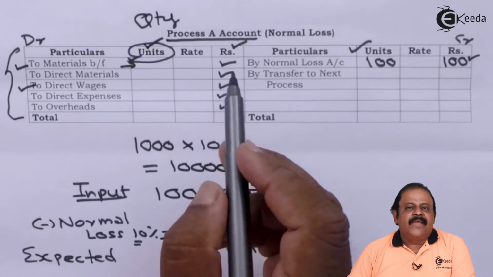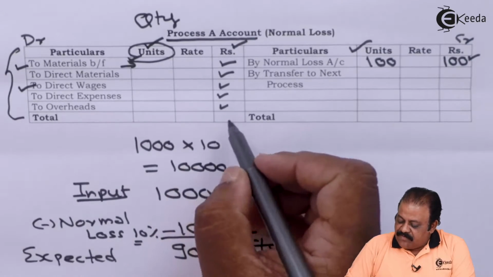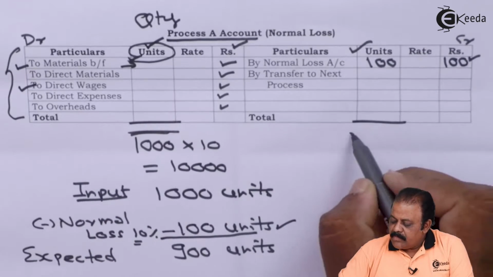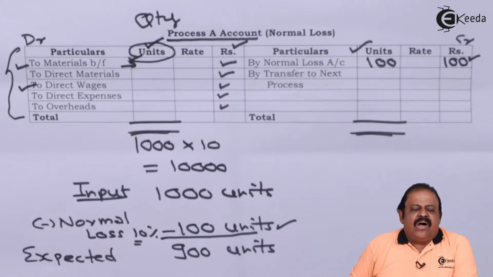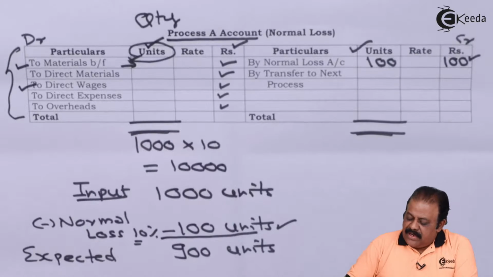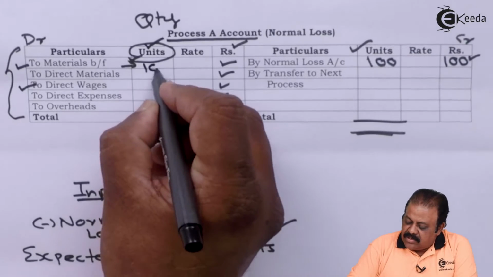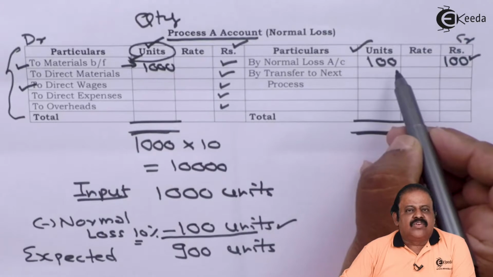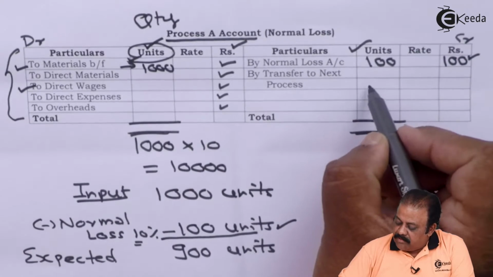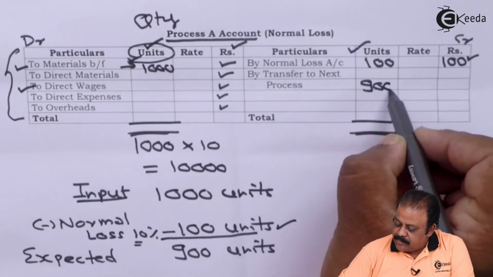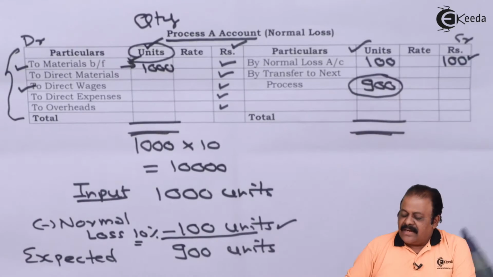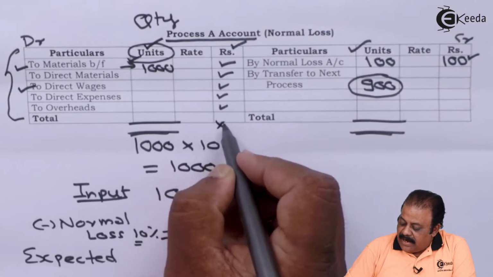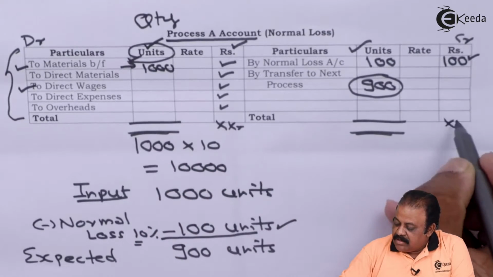Now here we will be closing this process account. First units column will be closed. It will show us the amount of output. If we have 1000 units here, debit total is 1000, credit side we have normal loss unit 100, so here output will be 900 units. This 900 units will have value, we will take total of debit minus total of credit.